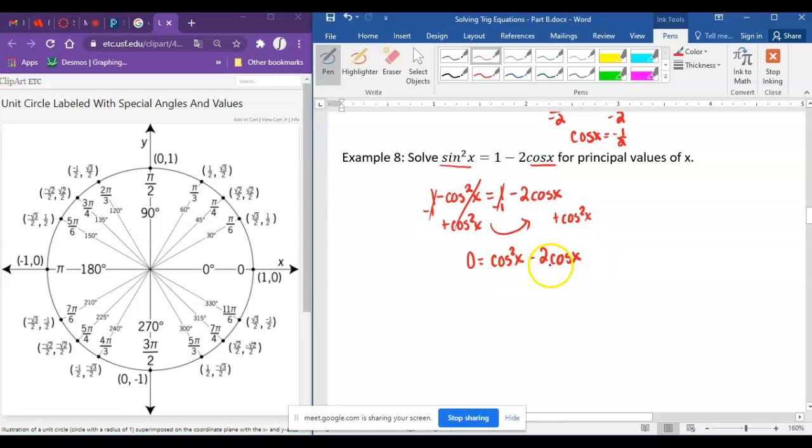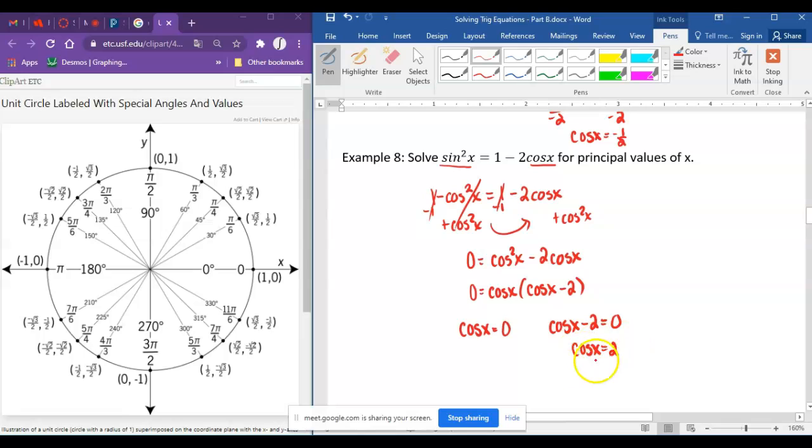And we can factor out a cosine here. And so that gives us cosine x minus 2. And then we're going to set each one of our factors equal to 0. And that, for the second one there, is going to give us cosine x equals 2.